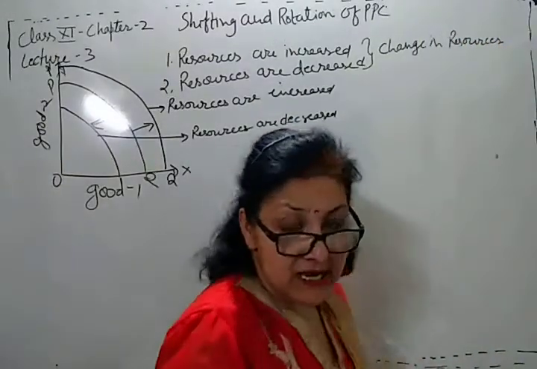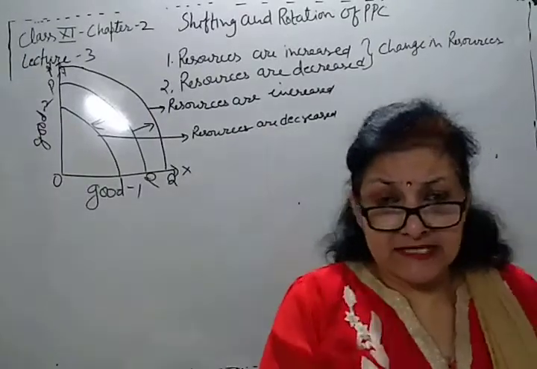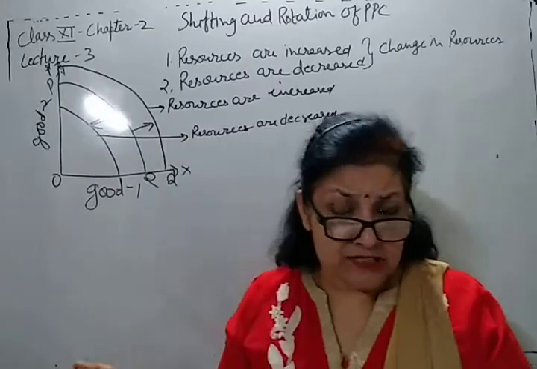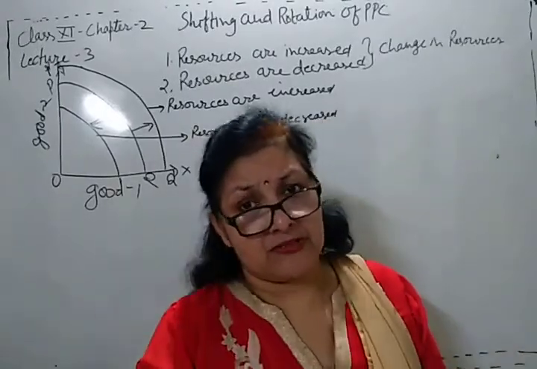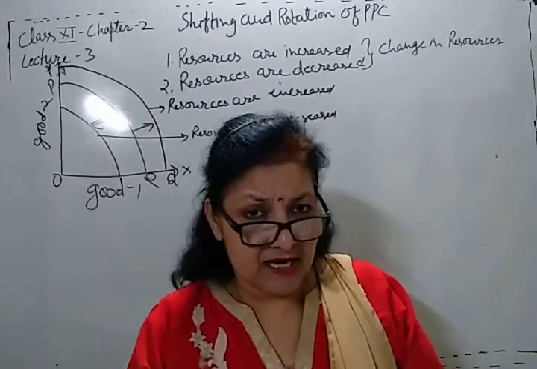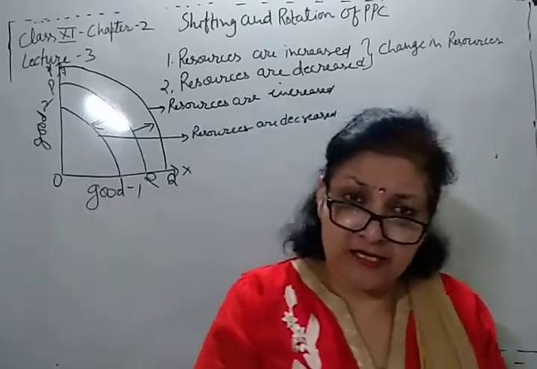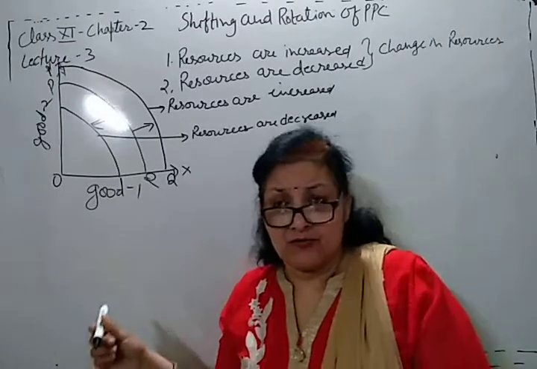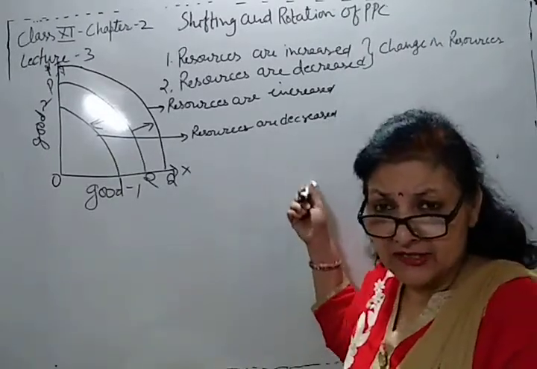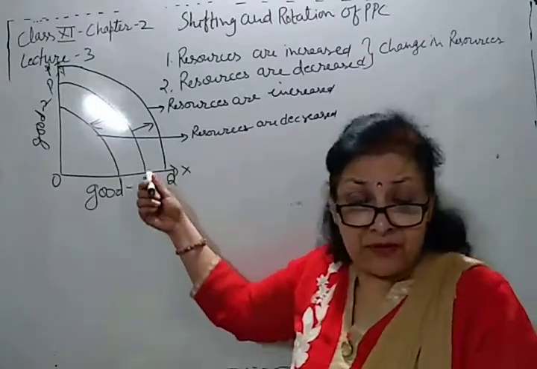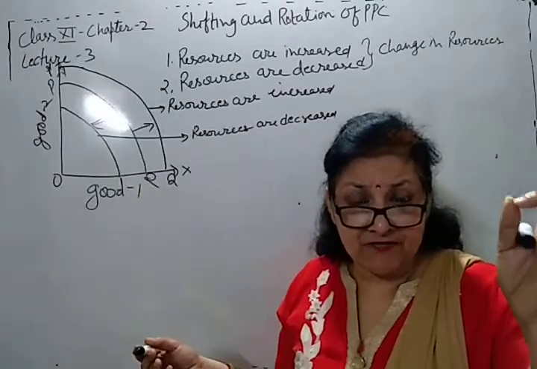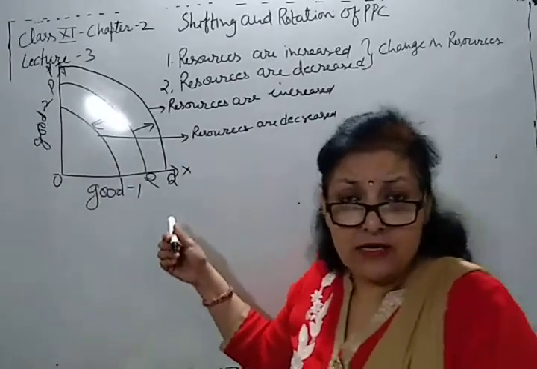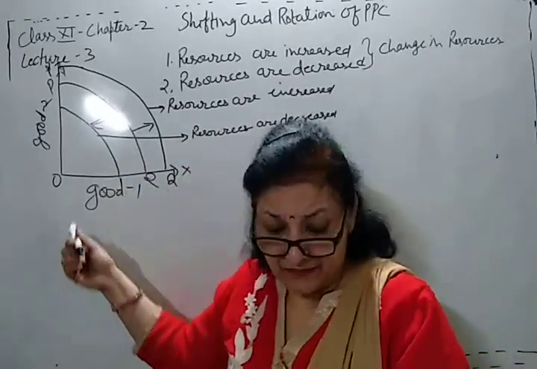It means to say, when there is a positive change or negative change in resources, positive change means resources are increased, negative change means resources are reduced. In both conditions, when resources either are increased or decreased, PPC shifts. There is a shift in PPC either left to right or right to left.